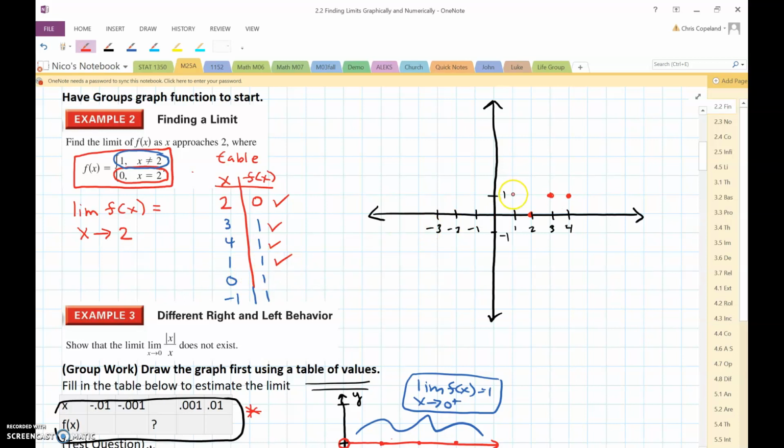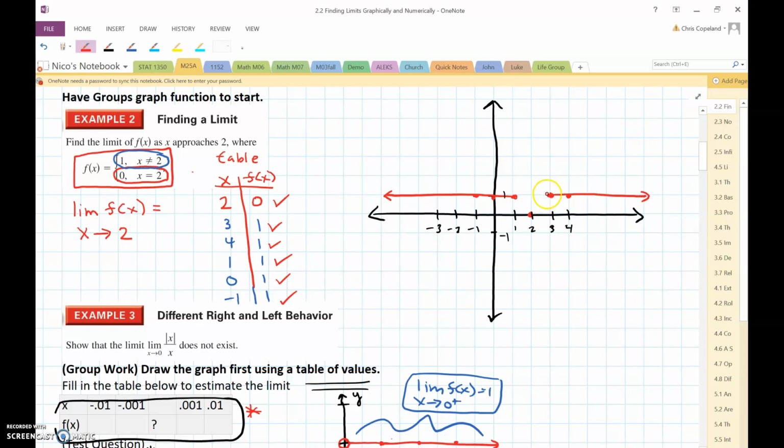We have the ordered pair 1, 1, 0, 1, and negative 1, 1. So we can see that the graph is starting to look like this.